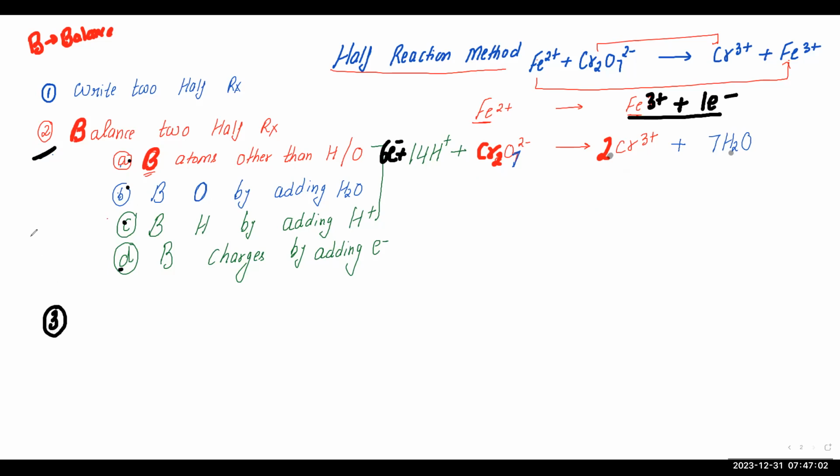Now you have two half reactions which are balanced. You are going to add them together. Add balanced half reactions or equations, whatever you want to write. But there is a condition here.